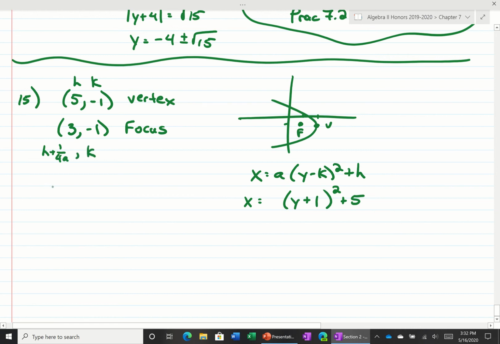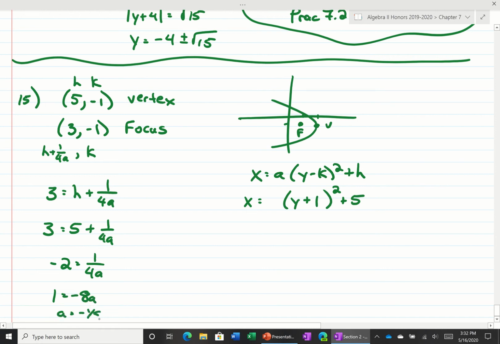So that means that 3 is equal to h plus 1 over 4a, and h is 5. So this would be -2 equals 1 over 4a, multiplying both sides by 4a. 1 is equal to -8a, or a is equal to -1/8.